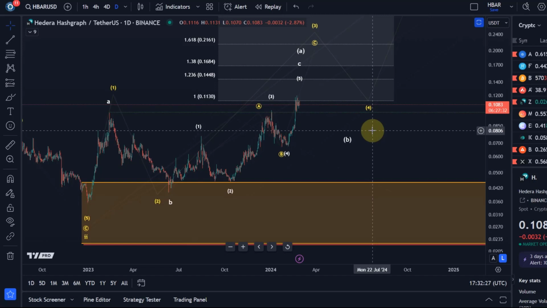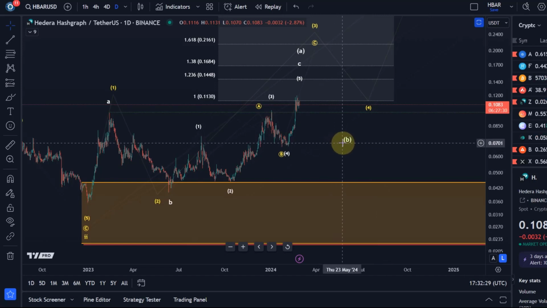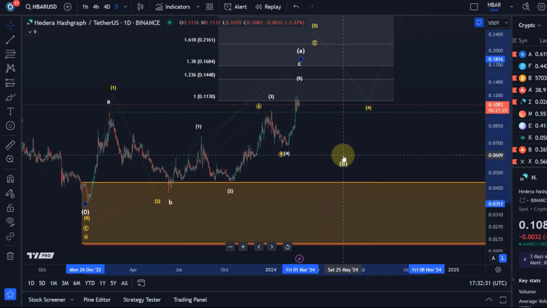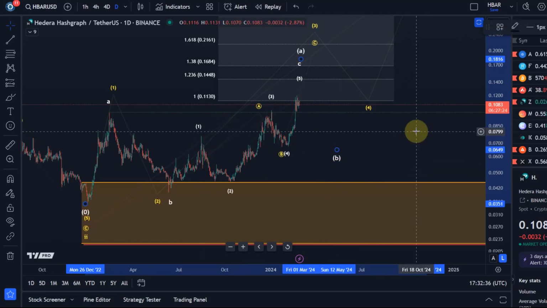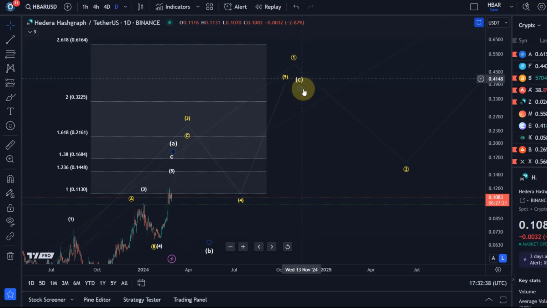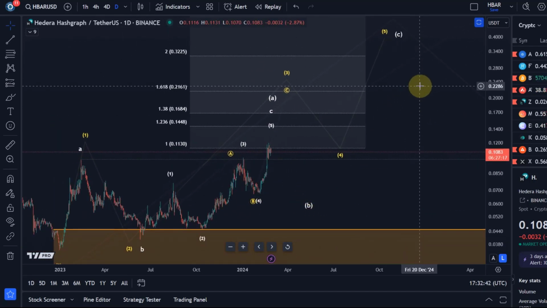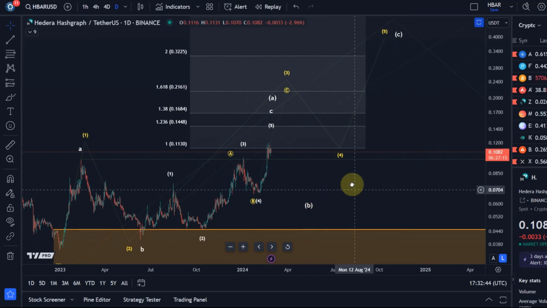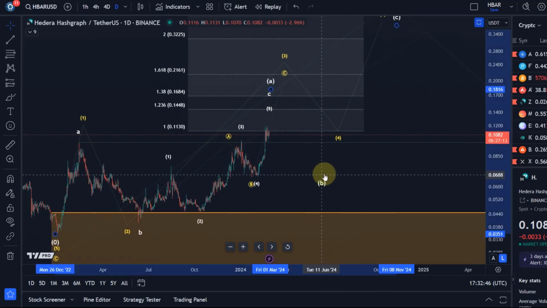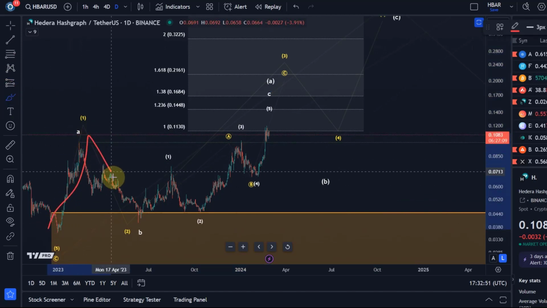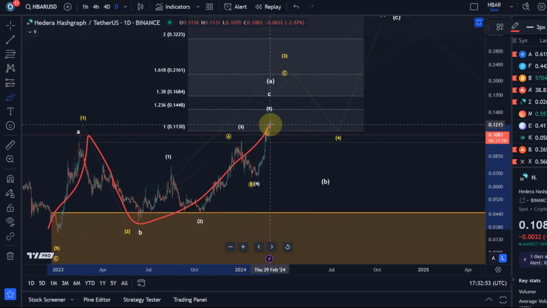And then if we are talking about a B wave pullback, then we have a different structure, because then we're dealing with a large ABC structure to the upside. It's just a different pattern overall. If we see more evidence around this, then we can talk about that a little more. It's at the moment my alternative, but in this scenario we are dealing with an ABC structure.